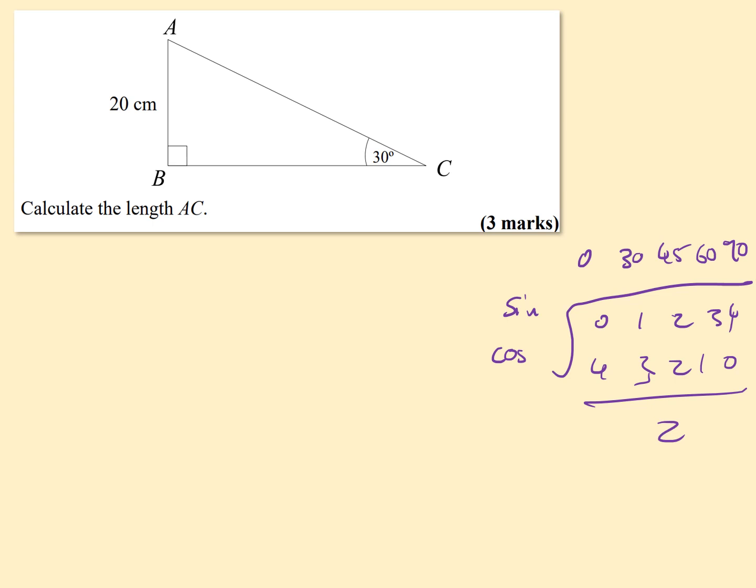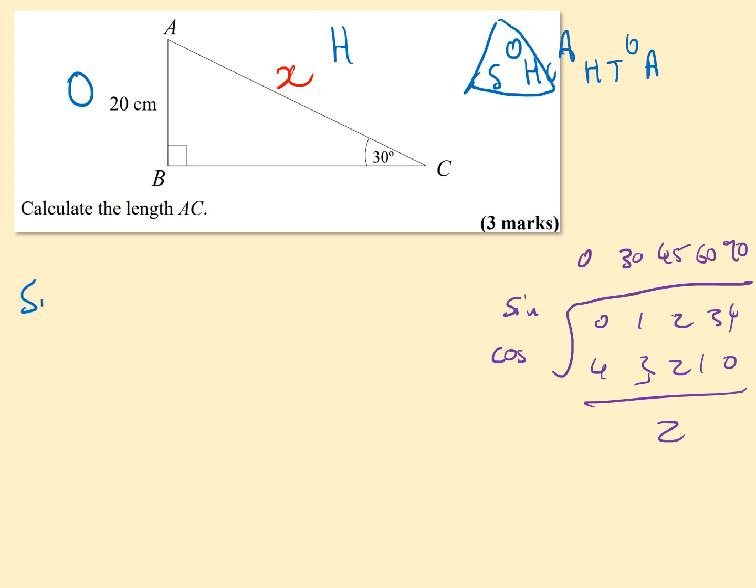Okay, I'm looking for AC, so that's the hypotenuse of this right angle triangle. Let's call it x. And then what do I know? I've got AB, which is the opposite side of this triangle, and I'm looking for the hypotenuse. So in SOHCAHTOA, I've got the opposite and the hypotenuse, so that tells me I want to use sine.